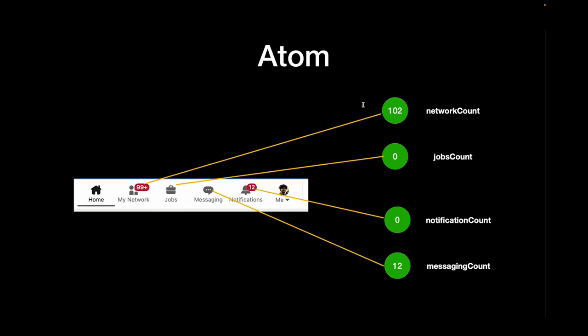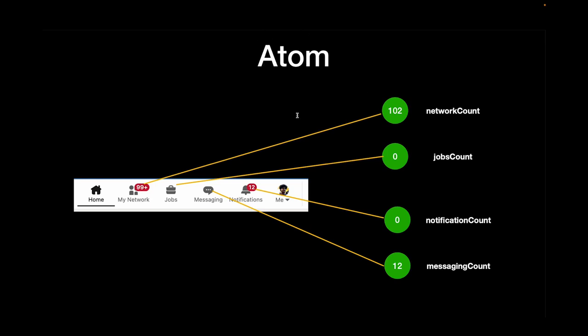How would you store these in case of React? You would store them in state variables. You would use the useState hook that we have talked about many times until now. But if you want to do state management, if you want to use an external library like Recoil, you will store them in atoms.